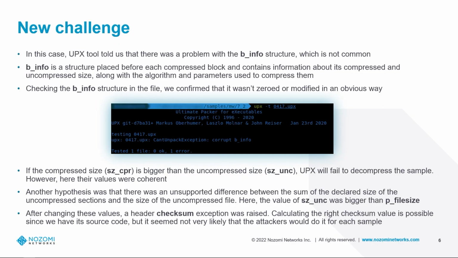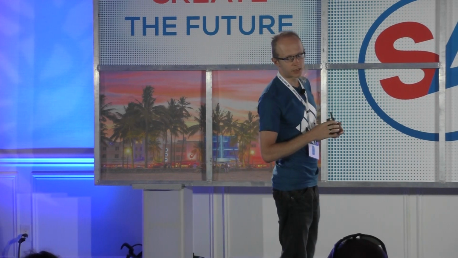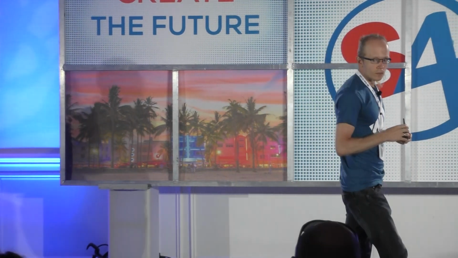During that research, we accidentally encountered a new challenge. Basically, when we applied UPX -d in order to see if it's a problem with the l-info or p-info structure, UPX suddenly told us, oh, I have a new problem now. The problem is with the b-info structure, which is very uncommon.